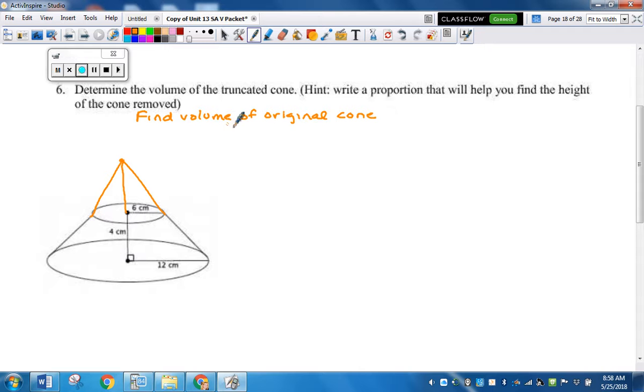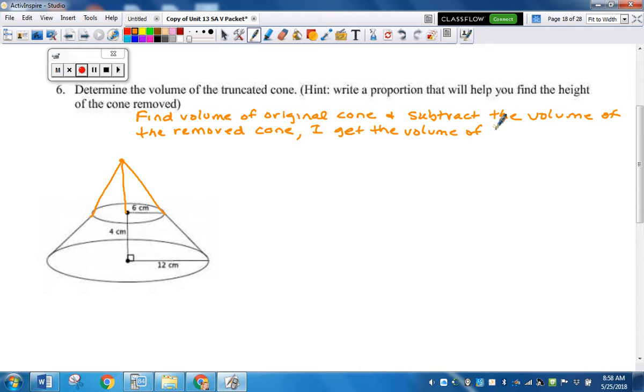So if I find the volume of the original cone, and subtract the volume of the removed cone, I get the volume of the truncated cone. All right, so we have a plan.